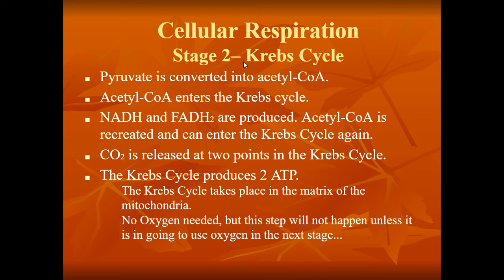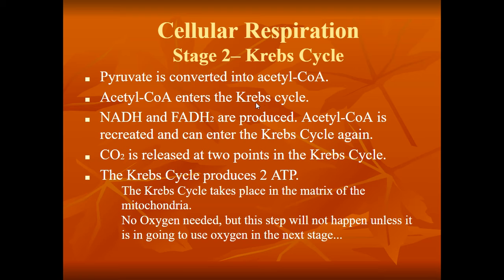Stage 2, which is called the Krebs cycle. This happens in the mitochondria, and we're just going to take the pyruvate we made in stage 1, glycolysis, and we're going to convert that into something called acetyl-CoA, and that enters into your Krebs cycle.